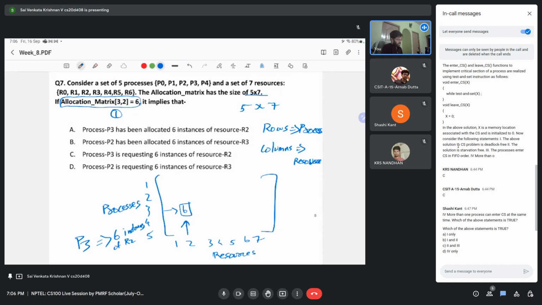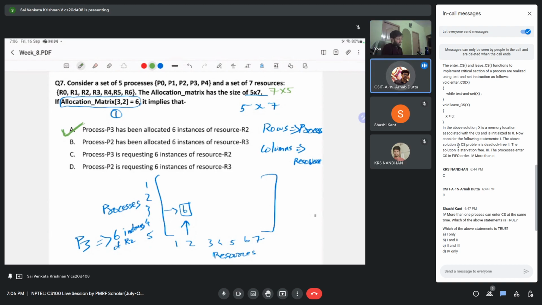That's the correct interpretation. So option A is the correct answer: process P3 has been allocated 6 instances of resource R2. The other options are wrong because it's not process P2, because the matrix is 5 cross 7. If it was mentioned as 7 cross 5, then it would be just the opposite. Okay.